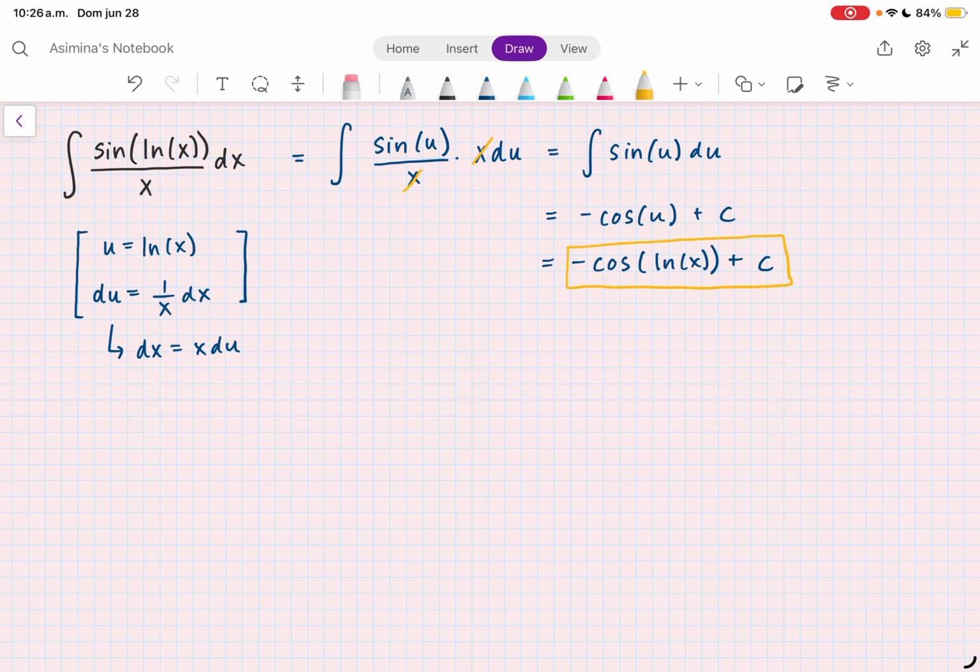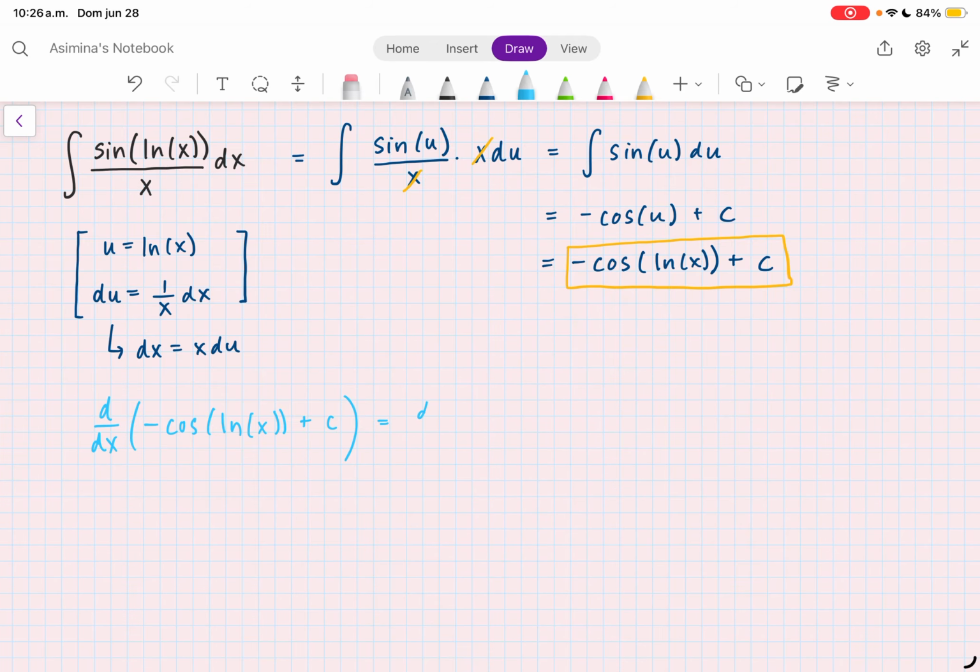Now, one thing you can do is you can also check this. So if we start off with negative cosine of ln of x and we take the derivative of that, we should get sine of ln of x over x. So let's see what we get if we do that. And we can even throw in the plus c.